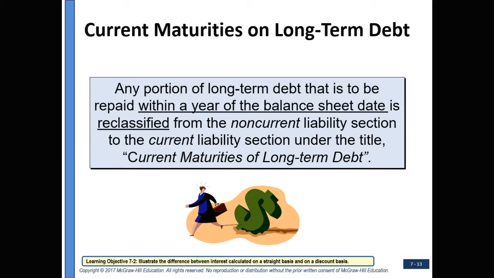However, in many cases, when you engage in some type of loan, some of the principal begins being repaid right away. Any portion of that principal that is to be repaid within the year of the balance sheet is reclassified from the non-current liability section to the current liability section underneath the title Current Maturities of Long-Term Debt.